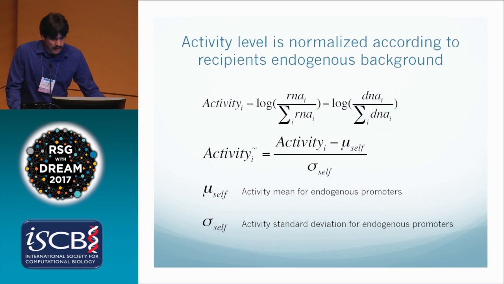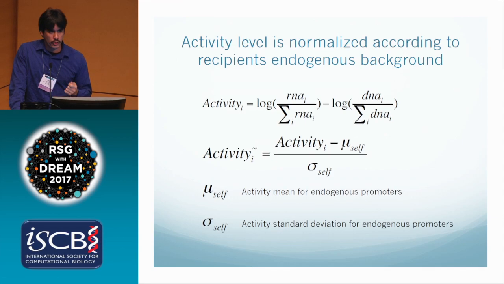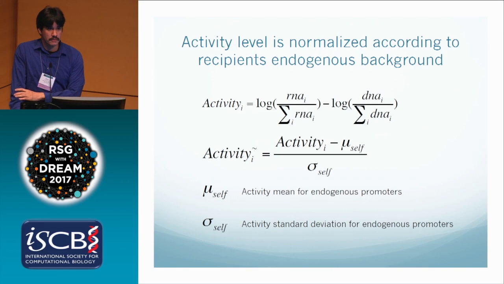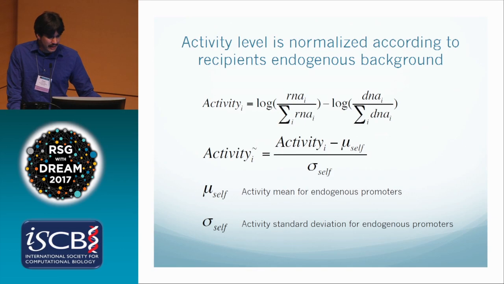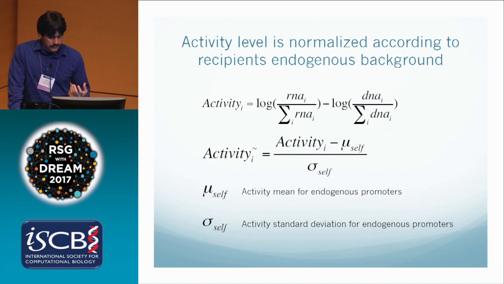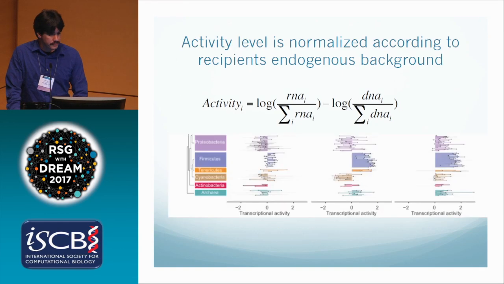This is how we define the activity levels: based on the ratio of the normalized abundance of RNA and the abundance of DNA that you observe for each possible promoter element. And we normalize this activity level according to the endogenous, to bring something that has more valuable biological meaning.